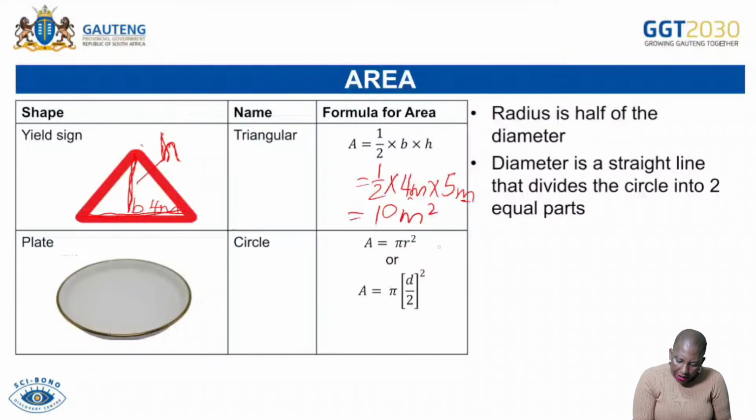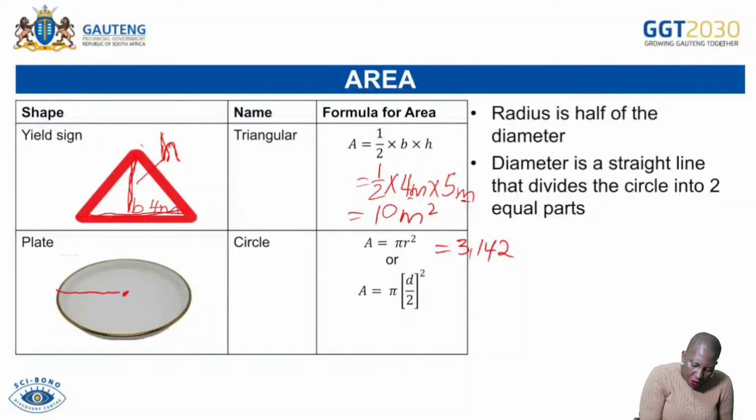And then our pi, it's always given as what? As 3.142. Here, you'll be given, either you are given the diameter. Here's the center of the plate, and then you are given the diameter from one end to the other. If we are given the diameter, then when you calculate the area for the circle, you'll use this one. Why?